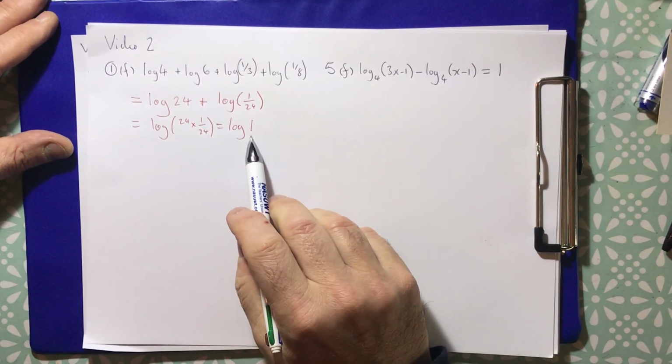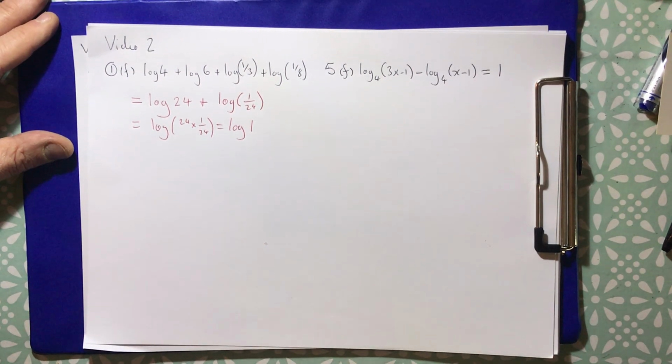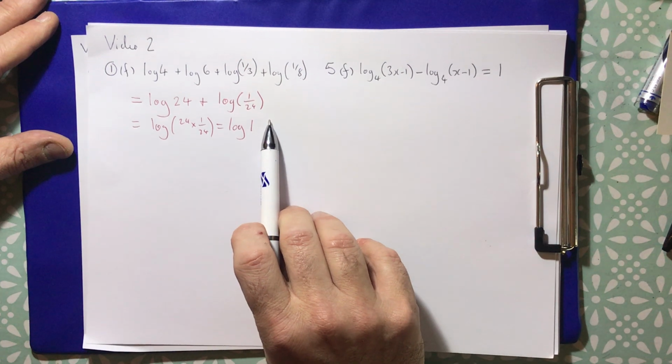And one of our other log rules was log to any base of 1 is just 0, because anything to the power 0 is 1. So log of 1 is always 0, whatever the base is. So that would be the first one here.